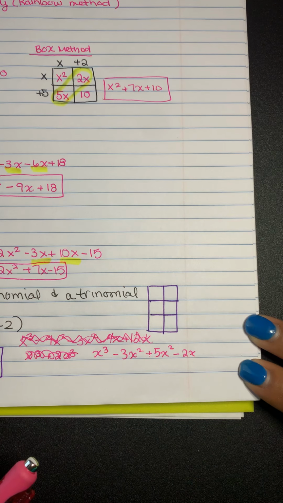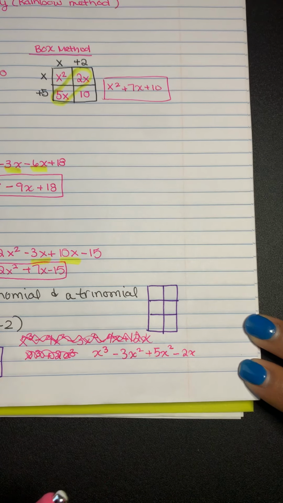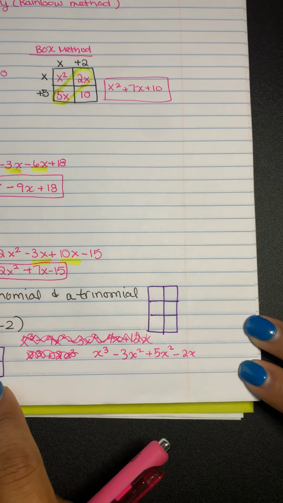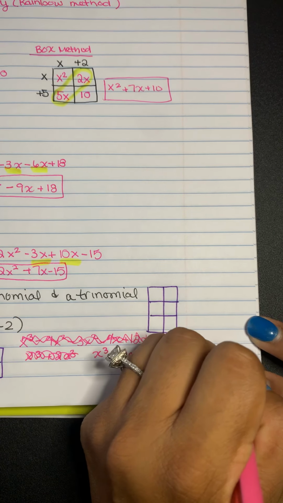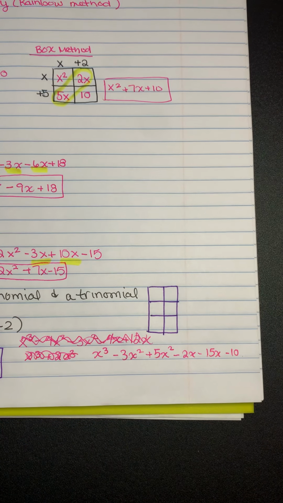5x squared minus 2x squared minus 15x minus 10. Okay. All right, there we go.